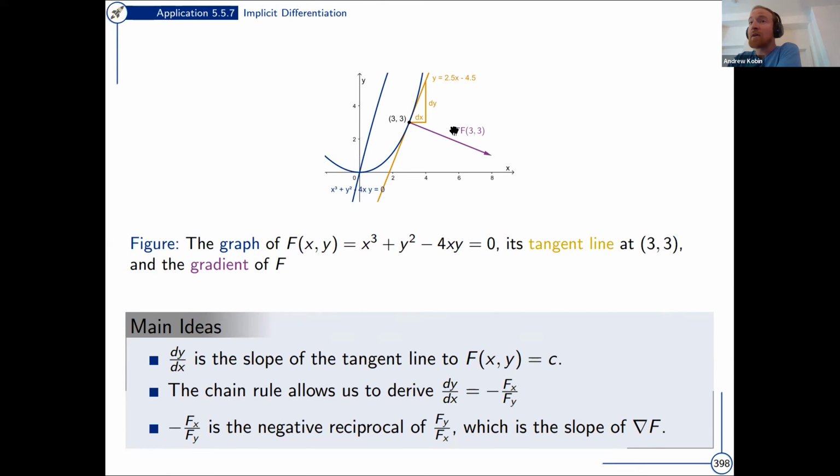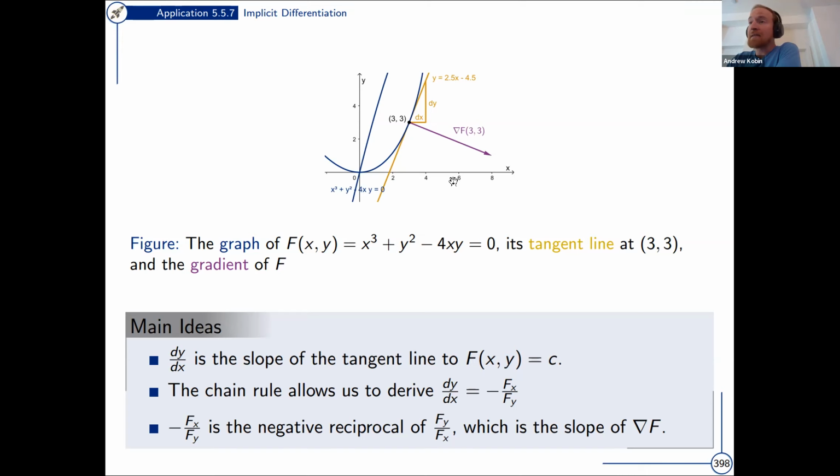Why is that the case? Well, the components, the displacement components of the gradient vector of f, are the partial of f with respect to x, comma, the partial of f with respect to y. And the slope of the line that's traced out by that vector has the form rise over run.